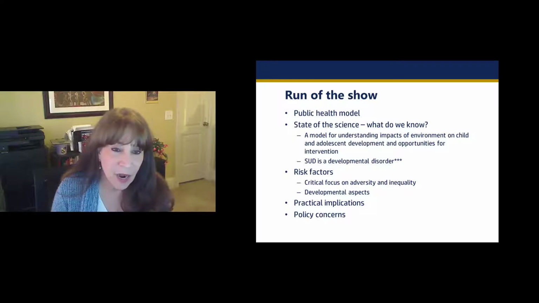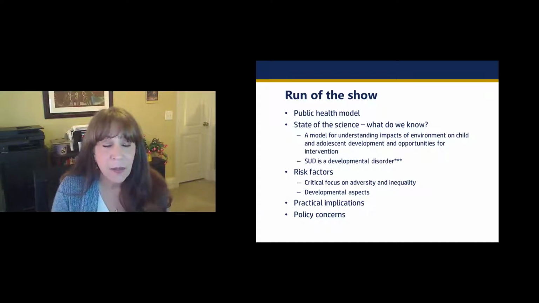I want to start by recognizing what's happening in these times with the pandemic and the recognition of the adverse impacts that are very disparate as a result of the pandemic. But many of these disparities have existed for maybe hundreds of years and need to be addressed. And the pandemic just caused them to bubble up to the surface for everybody to see.